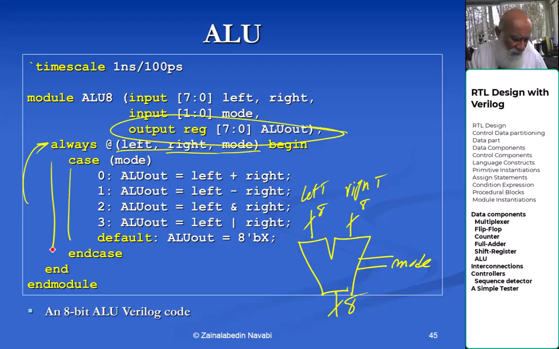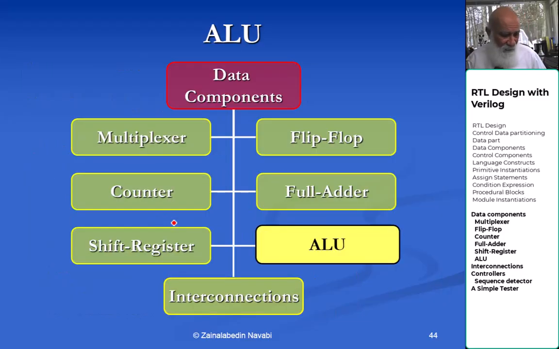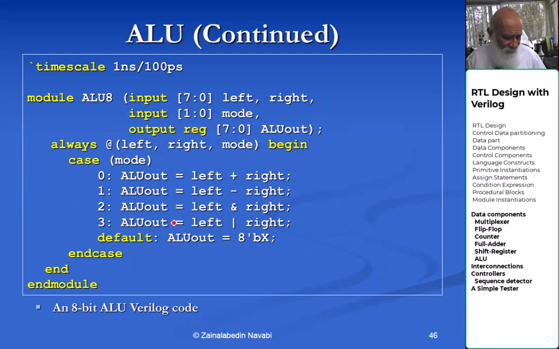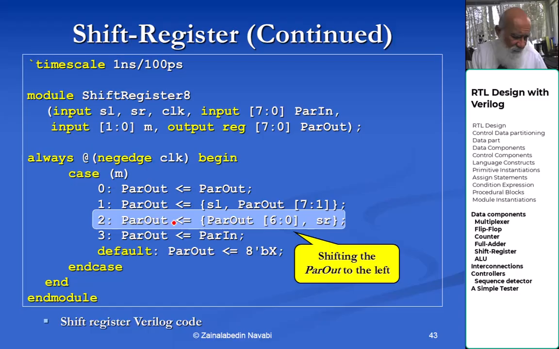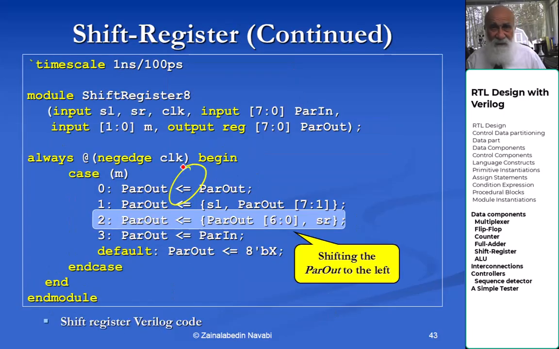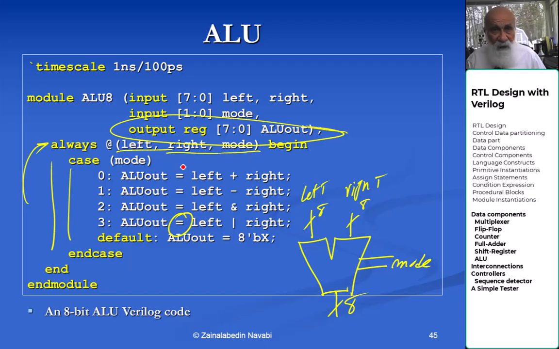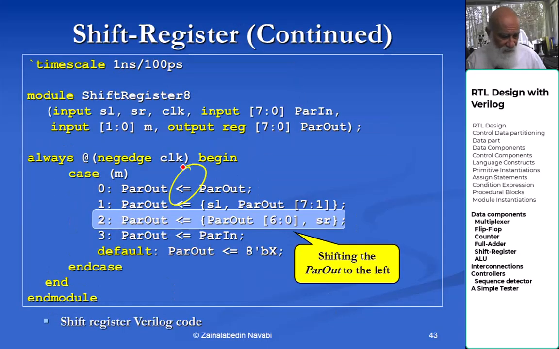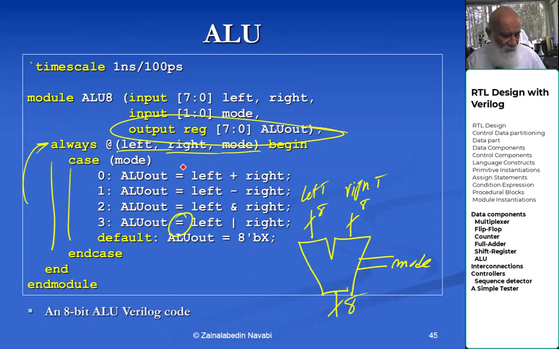I'm using this kind of assignment versus this, because this is a combinational circuit and this one is a sequential circuit. This is called blocking. This is called non-blocking.